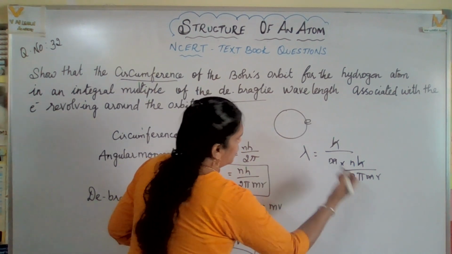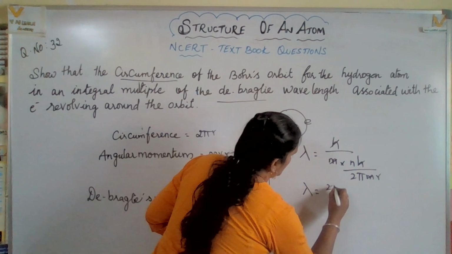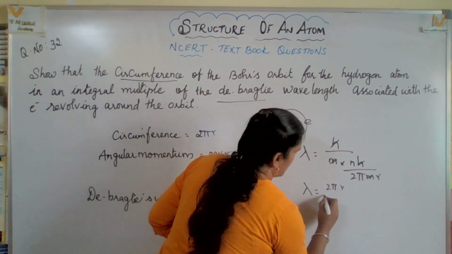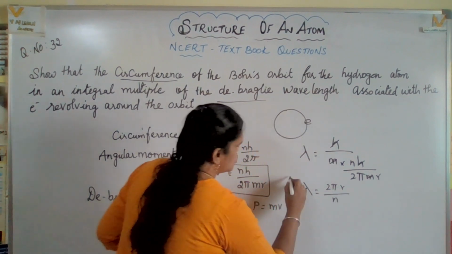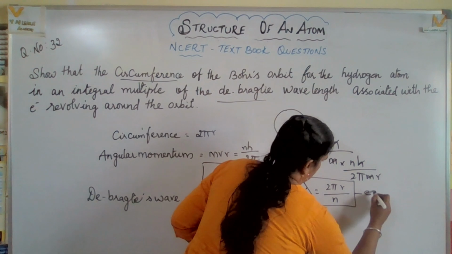Now remaining, lambda is equal to 2 pi r. This n will go downwards, so 2 pi r divided by n. So this is the lambda equation, right?